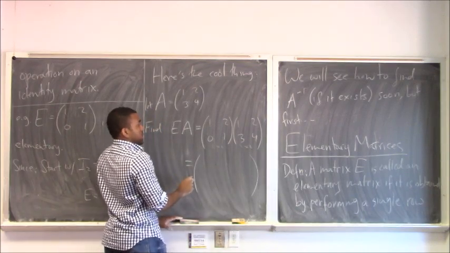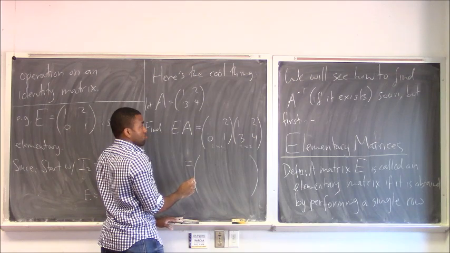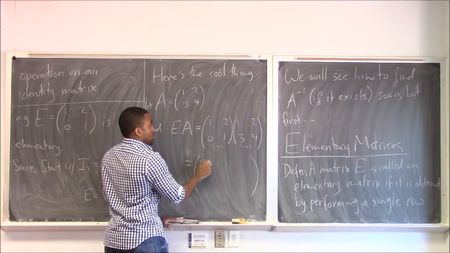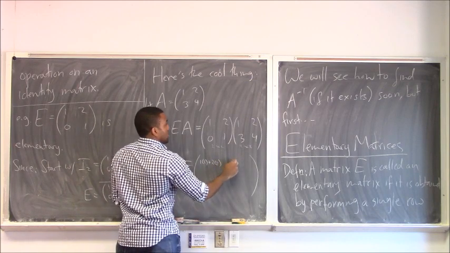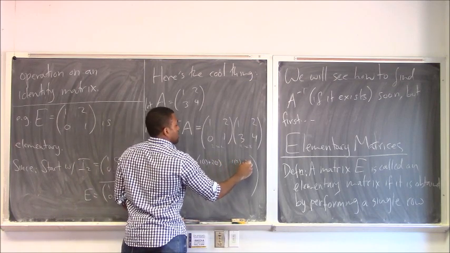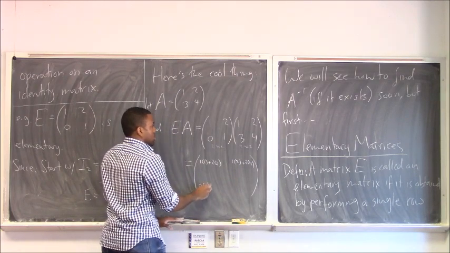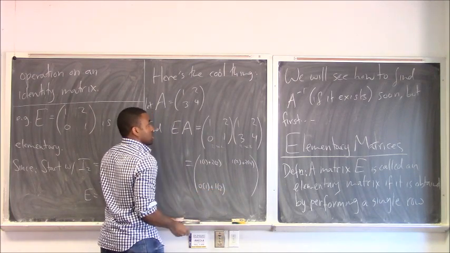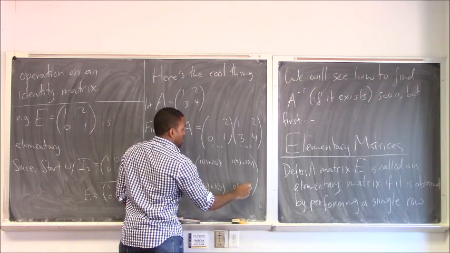First row: 1 times 1 plus 2 times 3, 1 times 2 plus 2 times 4. Second row: 0 times 1 plus 1 times 3, 0 times 2 plus 1 times 4.